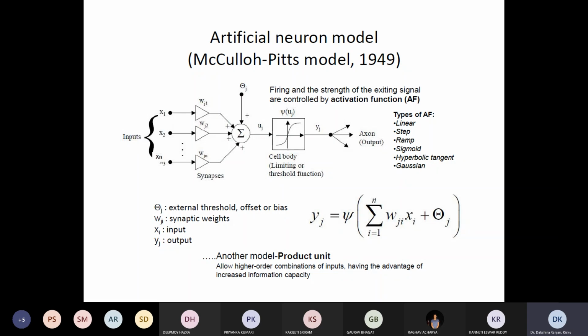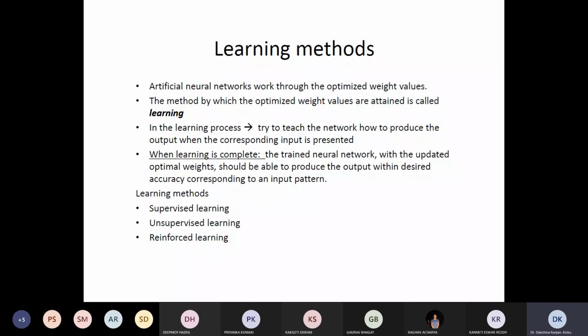In the straight line equation, we determine the intercept and the slope, and here we have to determine the weight and bias. So we have to decide what the weight vector and the bias will be. How to determine the weight and bias?